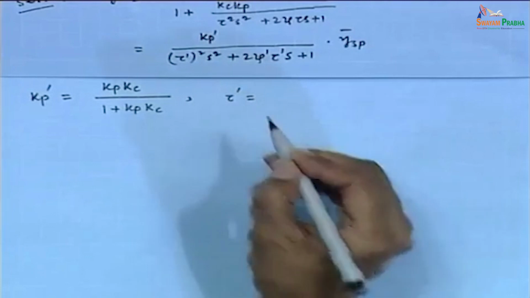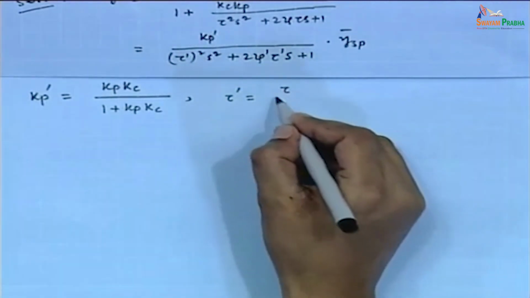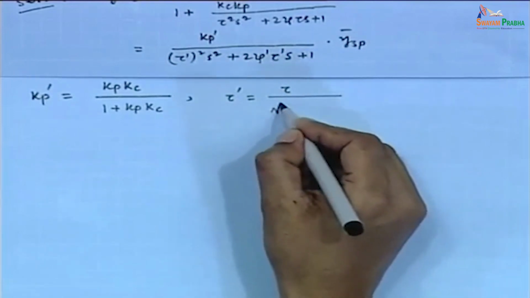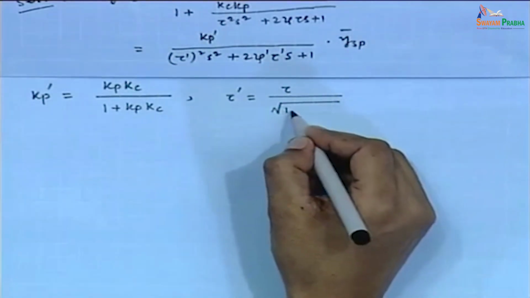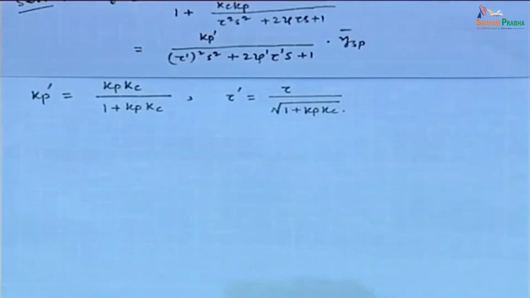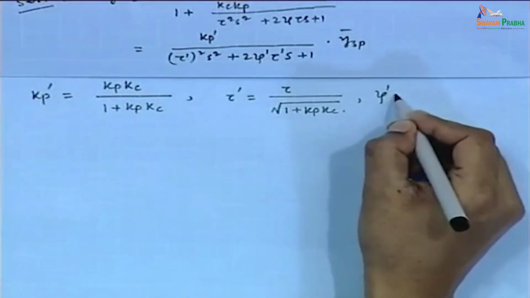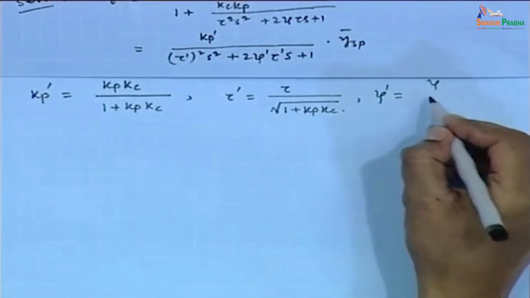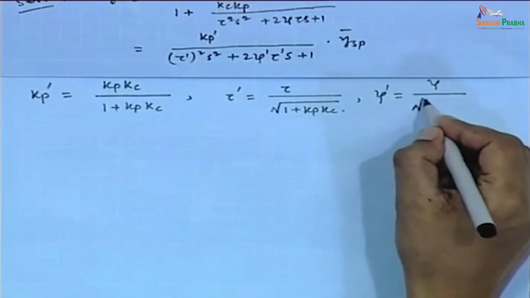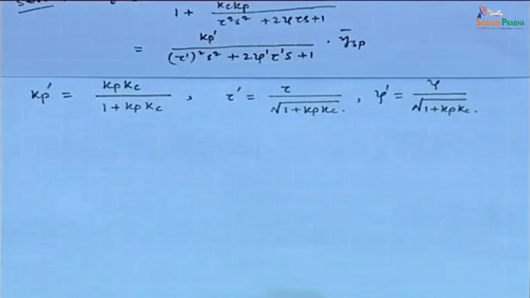Similarly, tau prime has the form tau prime equals tau divided by root over 1 plus Kp Kc, and zeta prime equals zeta divided by root over 1 plus Kp Kc.